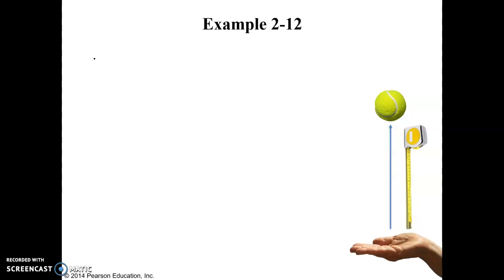Okay, so we had 0 squared, that's our final velocity squared, equals 15.0 meters per second. And we need to remember to square that, which I very nearly forgot, plus 2 times negative 9.8 meters per second squared.